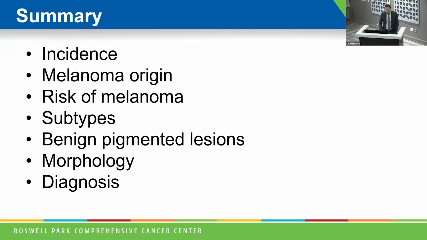Remember the A, B, C, D, E on morphology, and don't forget the ugly duckling sign or funny and funky lesions. And also remember that after you recognize something, it's important to talk to a professional and actually establish a diagnosis early so that it can be treated and curatively removed with surgery so that you don't have to see our oncology colleagues.